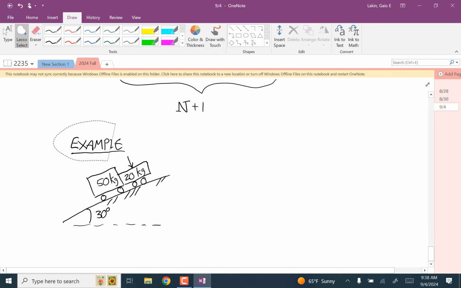There's a force pushing the 20 into the ramp of 100 newtons. And then there's a force F here, and this is in static equilibrium.